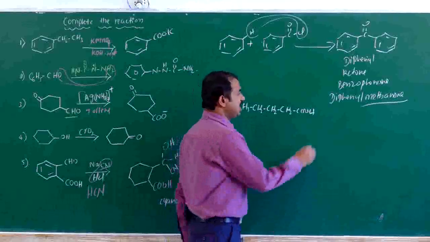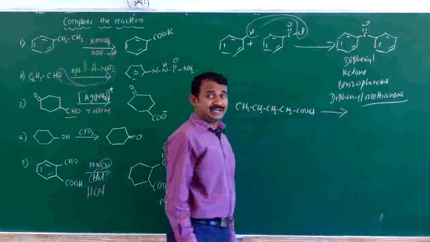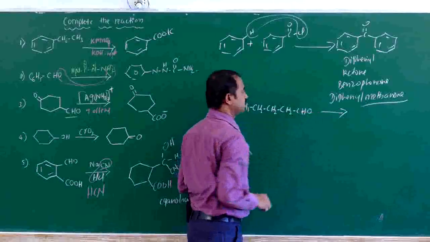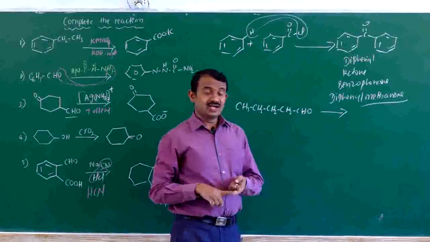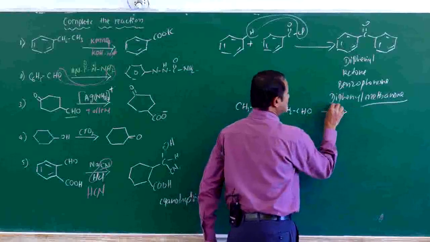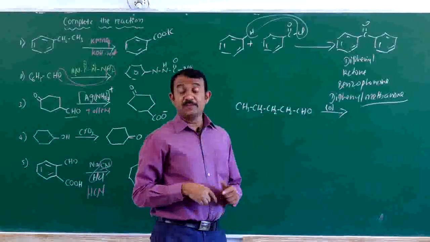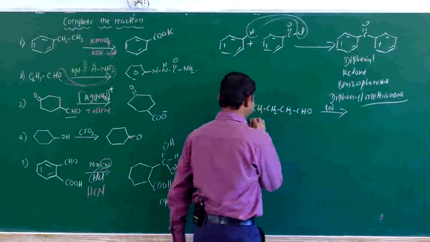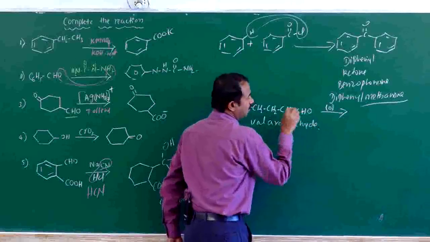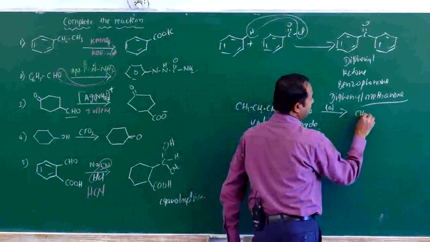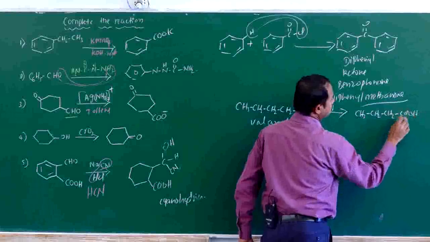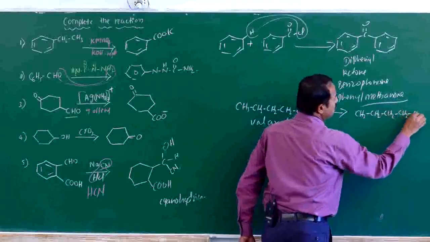Valeric acid is converted to valeraldehyde, CHO. Valeraldehyde undergoes oxidation to form valeric acid, CH3, CH2, CH2, CH2, COOH.